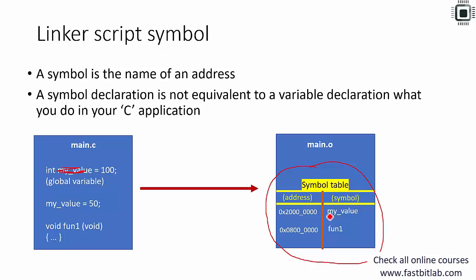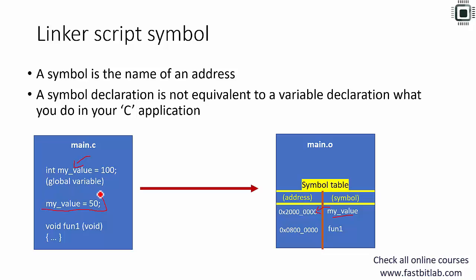A symbol is a name given for an address. The symbol table majorly maintains two columns. One is address and another one is symbol name. Here you can see that there are two symbols. One is this one, that's a variable name, my value, and it has its corresponding address.